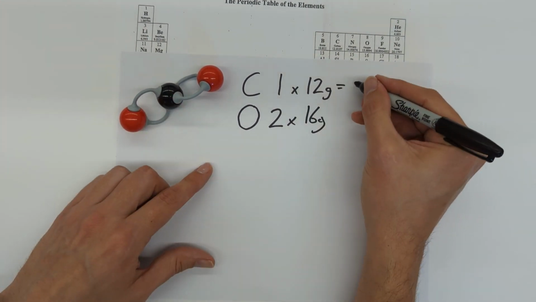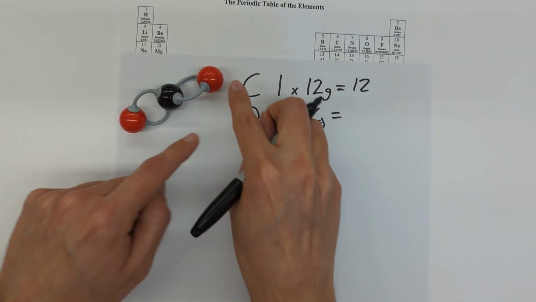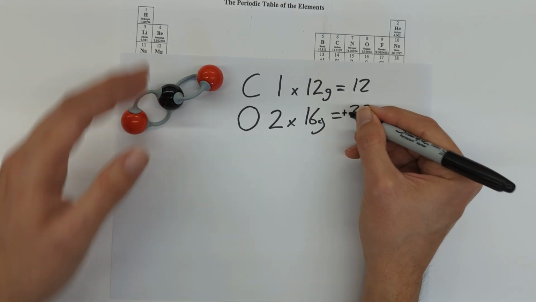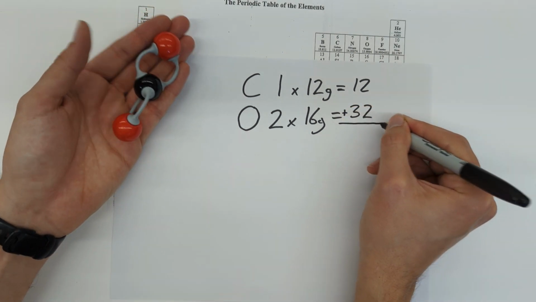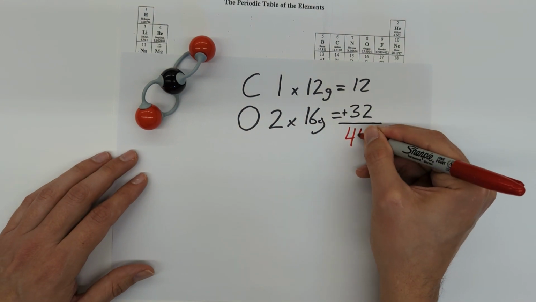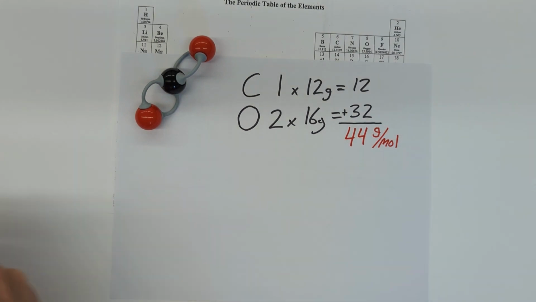So that 1 carbon would weigh 12 grams. These 2 oxygen, 16 each, 2 times 16 is 32. And if I have to add their masses together, because they're in the same molecule, my answer would be 44 grams per mole.